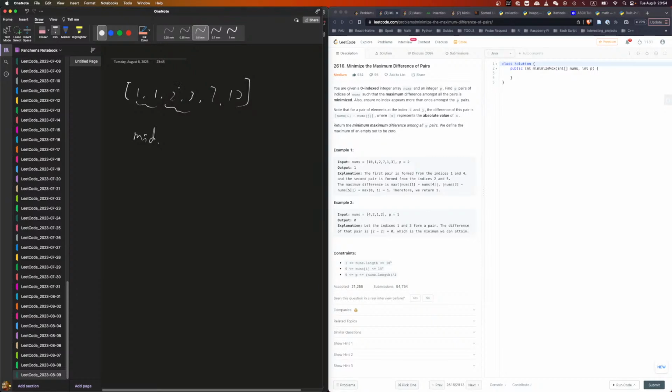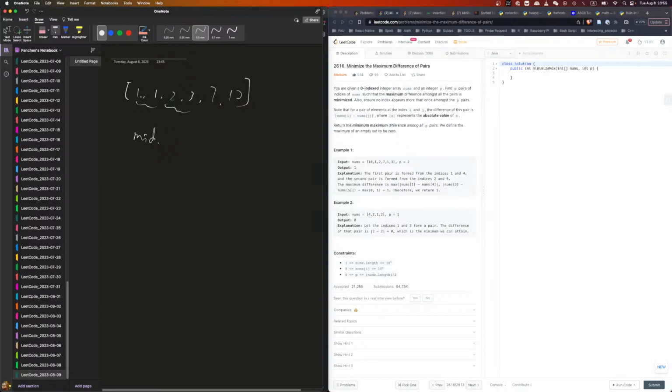And what do we do? Pairs. I want to find how many pairs will have the difference smaller or equal to this mid. Right, that's the one. We want to find the number of pairs whose difference is smaller or equal to this value.